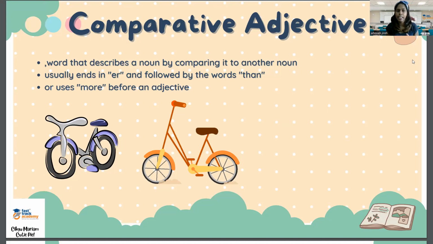Usually it ends in ER, so whenever you see a word with ER, you should know that it is a comparative, followed by the word than. You can also use the word more before an adjective. If you use the word more, you do not have to add ER. Remember that. You do not say more happier. That is wrong. You only say happier.